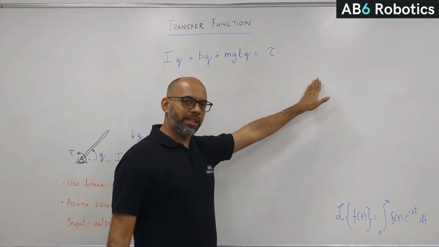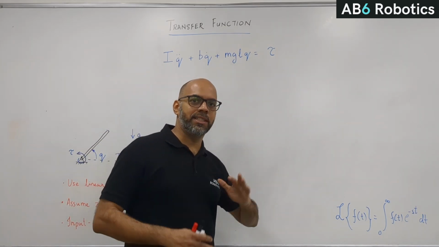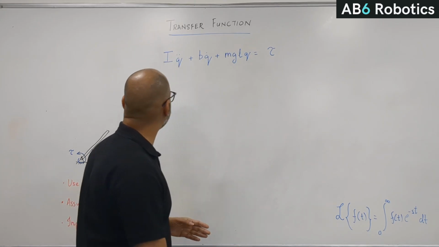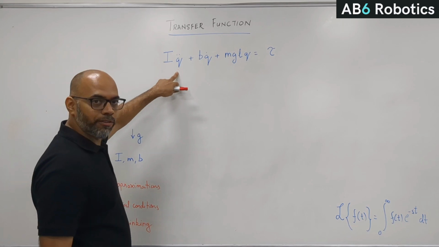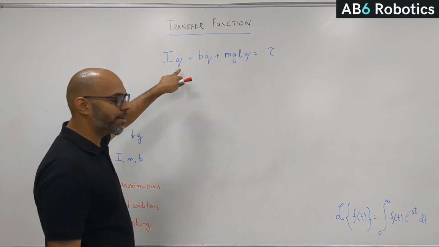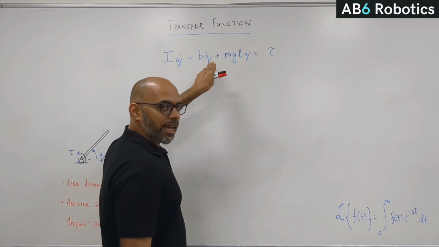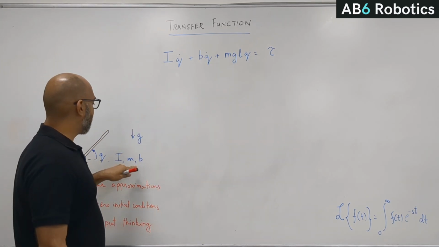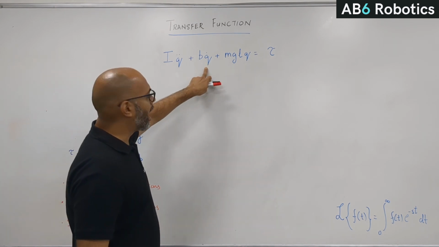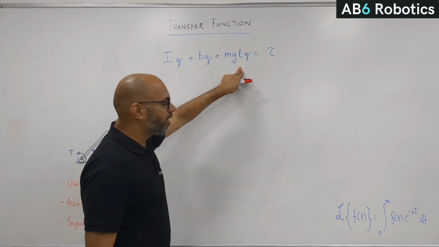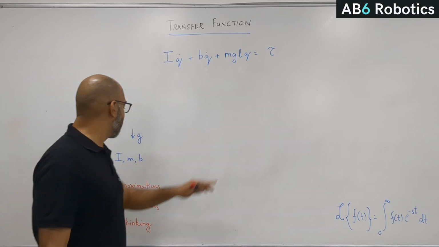And this should also be familiar to most of you, particularly mechanical guys, but even other guys, in 12th standard physics you would have seen this, perhaps in first year mechanics courses you would have seen this, where you have a second order derivative of Q, so angular acceleration, so inertia times angular acceleration, this is the inertial term, plus B times Q dot, this is capturing the damping effect, how much resistance there is to angular velocity, plus the third term is capturing the effect due to gravity, and this is of course a linear approximation.